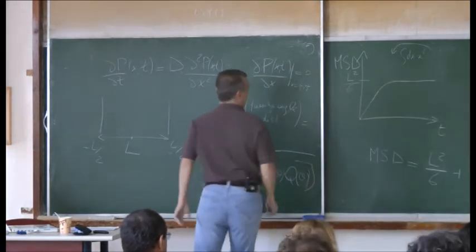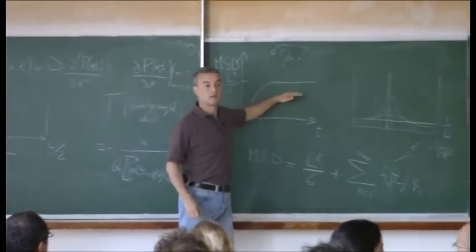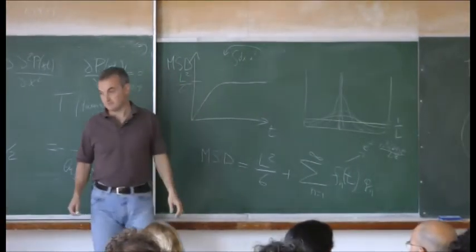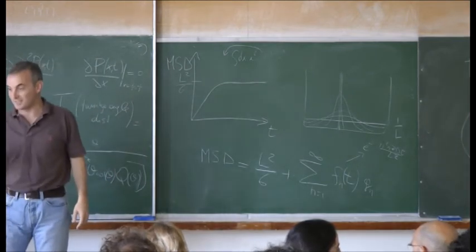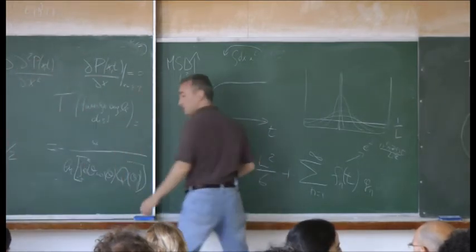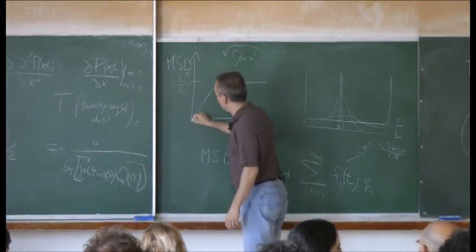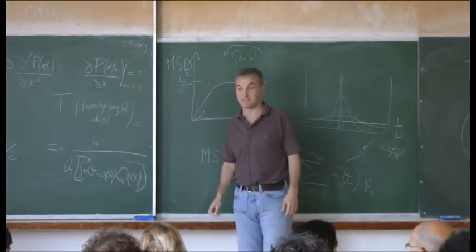So let's come back here. So here for the random walk. Now let's think about what happens if you have a correlated random walk. First of all, good. A correlated, we have seen it, and we are doing a simulation, it's going to be quadratic there. It's ballistic at short times.